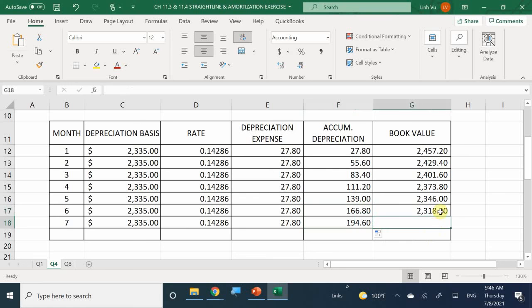Which then brings my book value to 2262.60. I got something wrong here.